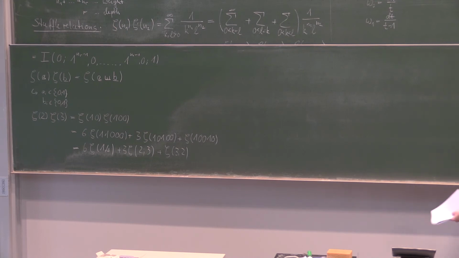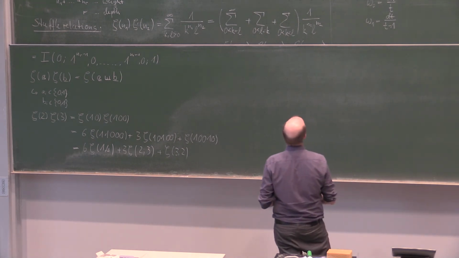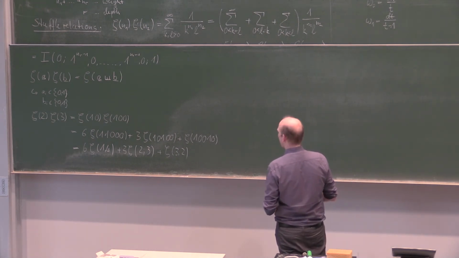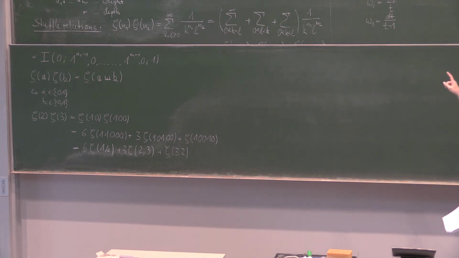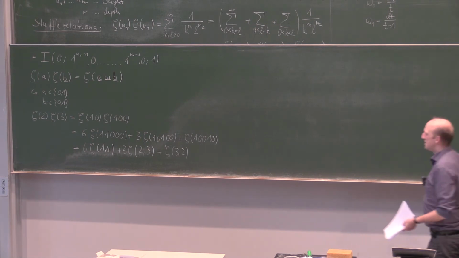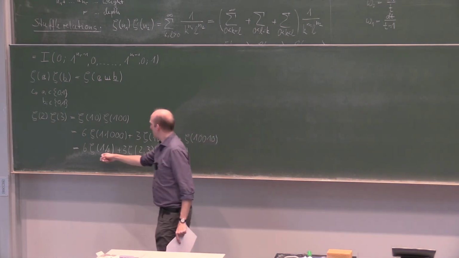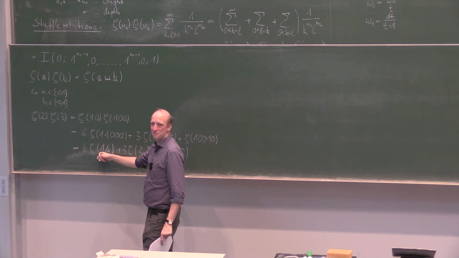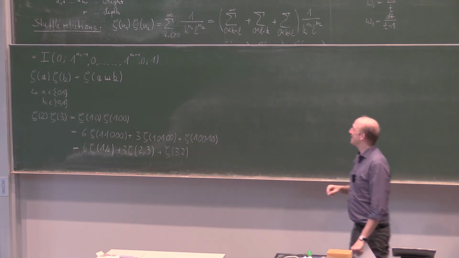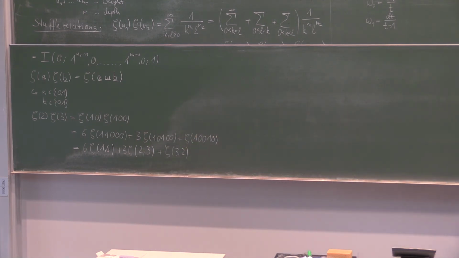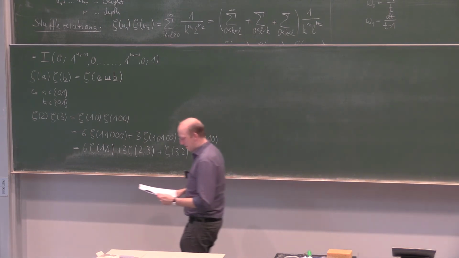That is a new relation, a different relation from what I had before. Here we had zeta 2 times zeta 3, and on the right-hand side we had a zeta 5 there. And here we have a zeta 1, 4. Neatly enough, of course, you can obviously relate zeta 1, 4 to zeta 5 then. And that is the next statement I would like to make.